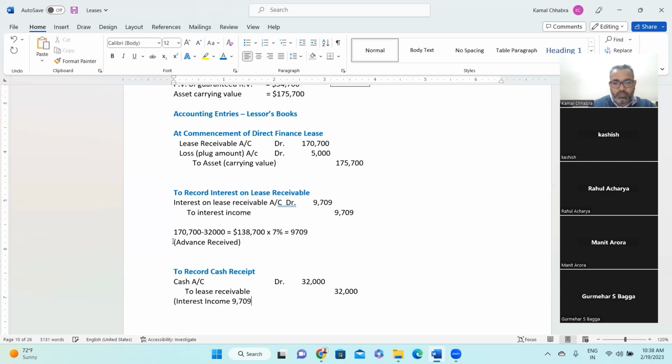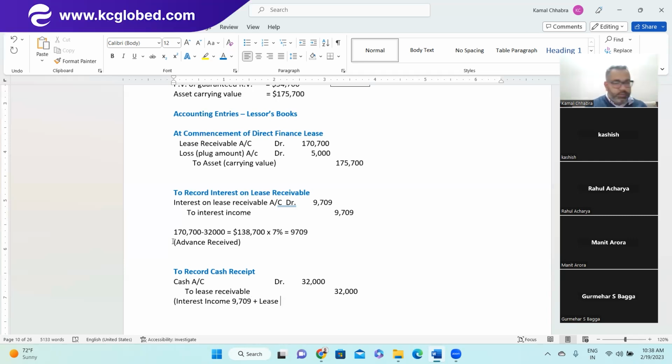So this interest on lease receivable, we are adding the amount to the lease receivable only, right? Yes. And now the final entry is when you are receiving 32,000 after a year, right? So that is cash account debit. Cash is coming in and you are reducing the lease receivable by 32,000.